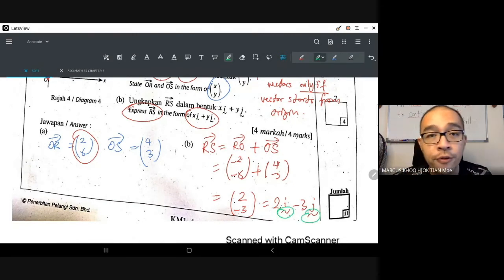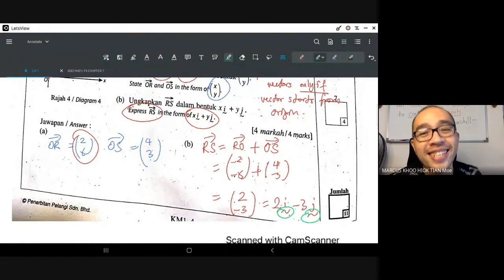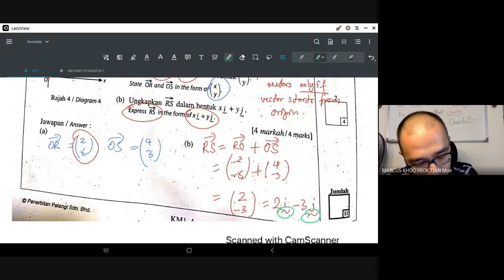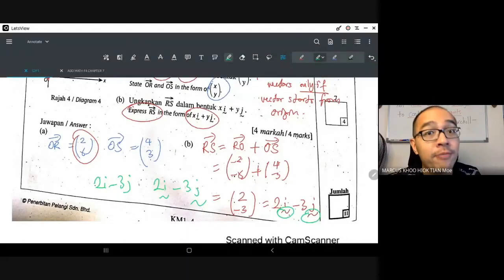If you forget the squiggly, better don't answer this question, because you will not get marks. That's the reality. Because in mathematics, 2i minus 3j and 2i squiggly minus 3j vector are two totally different things. They look like the same numbers, but they're two totally different things.